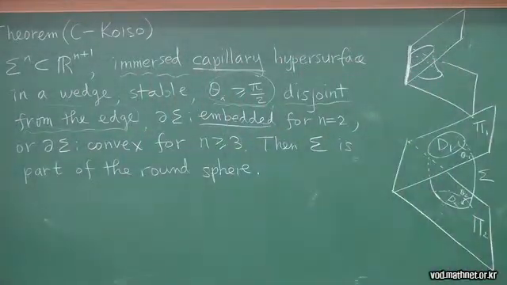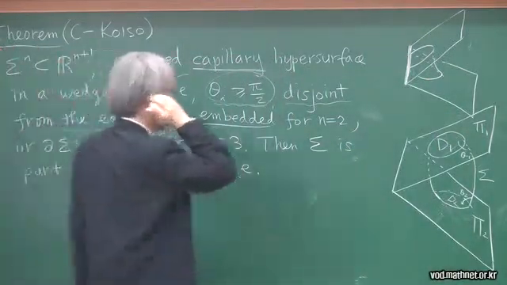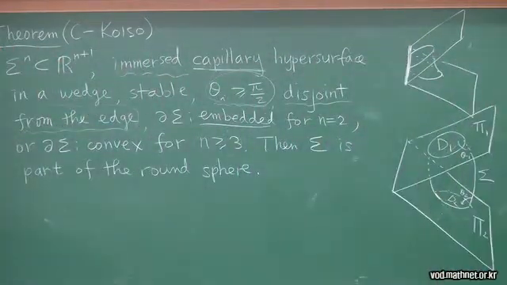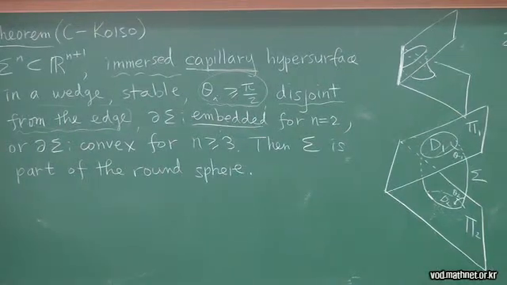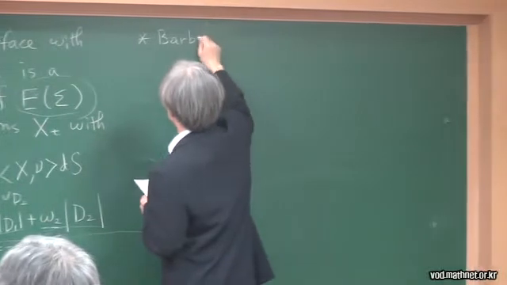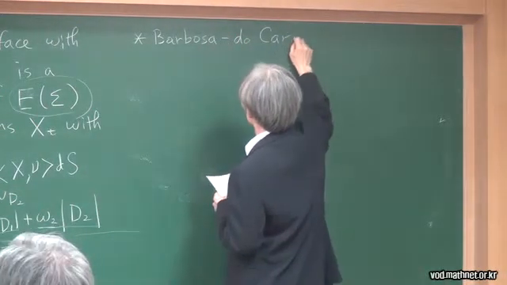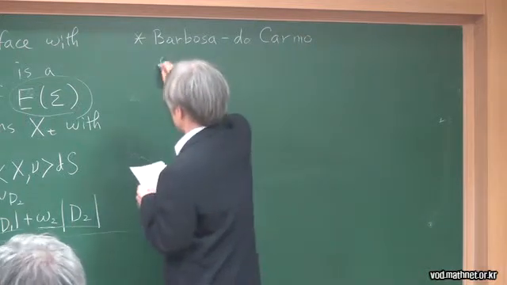Okay. So how do you prove this theorem? For the stable CMC surfaces without boundary, Barbosa and do Carmo used this variation.